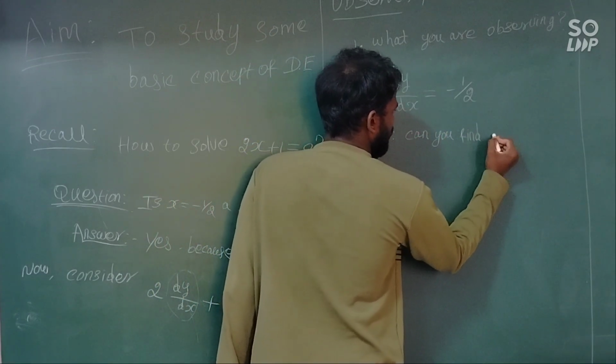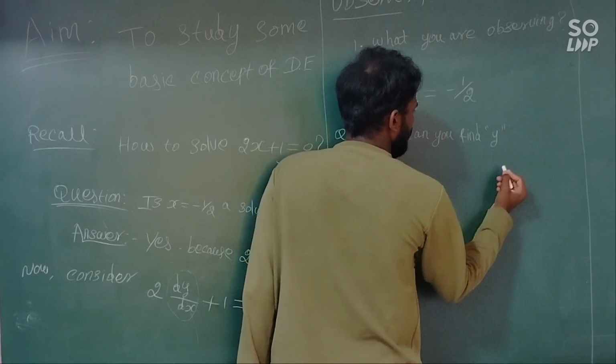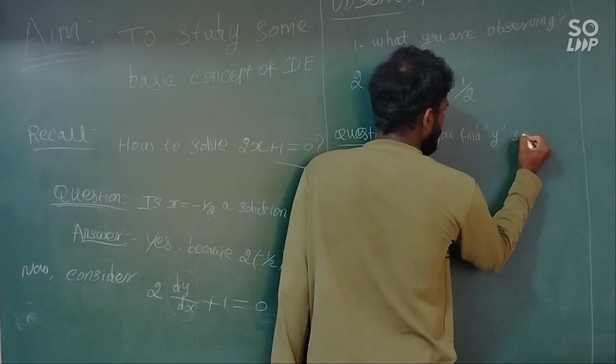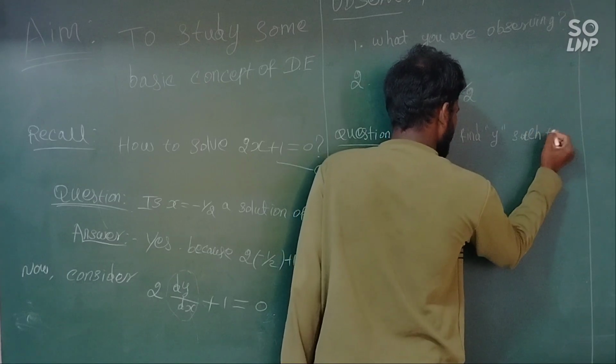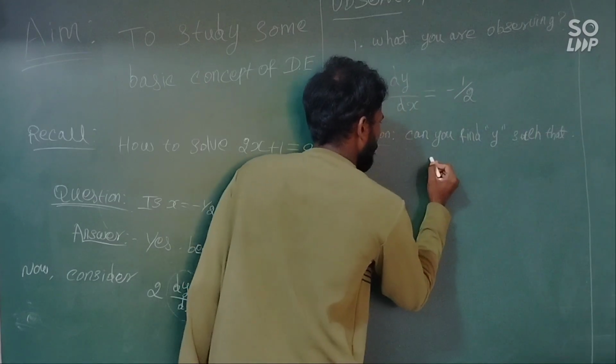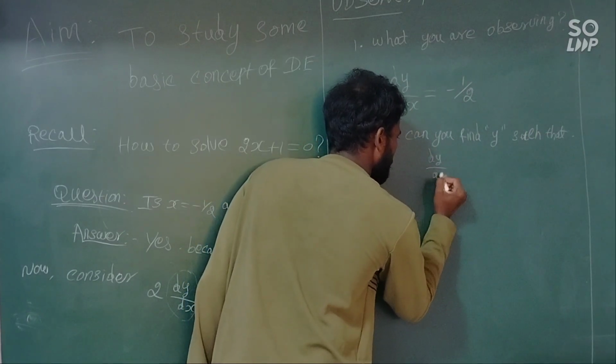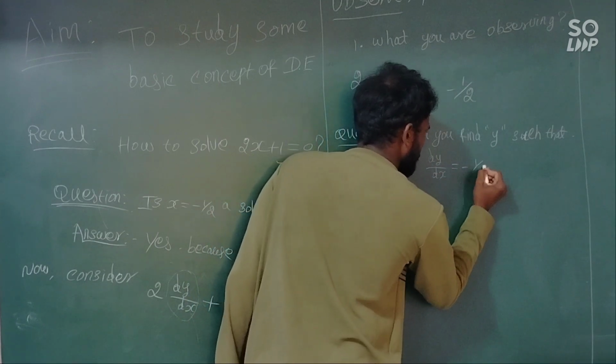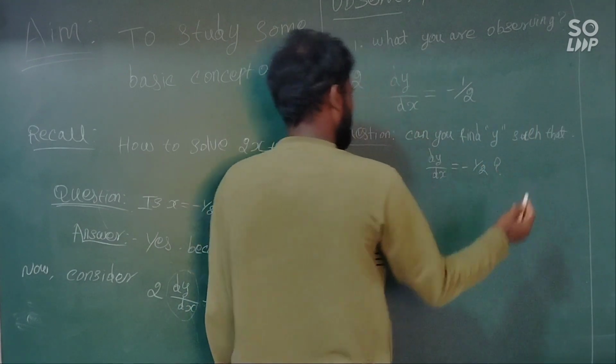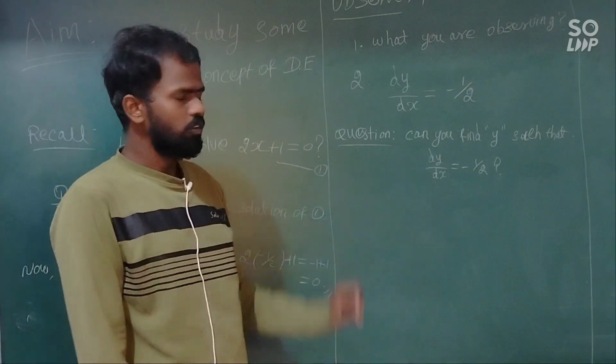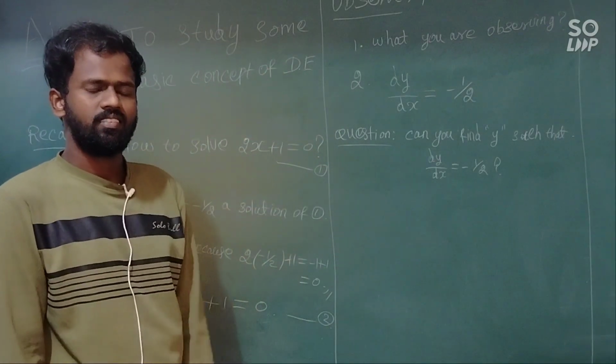Can you find y such that dy by dx equal to minus 1 by 2? What will be the initial guess?